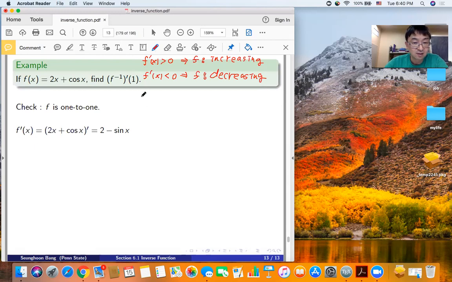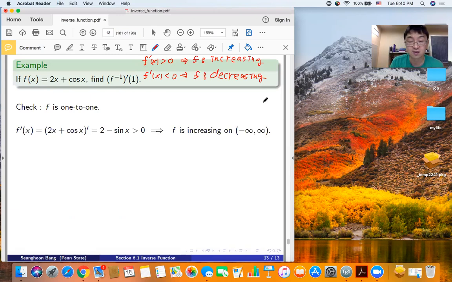The negative sine of x is always between minus 1 and 1, oscillating between 1 and minus 1. You add 2 to each side. So what happens here? Minus 1 plus 2 is 1. The middle one is 2 minus sine of x. The last one is 3. So it is always positive, between 1 and 3. This is always a positive number. So function f is increasing.